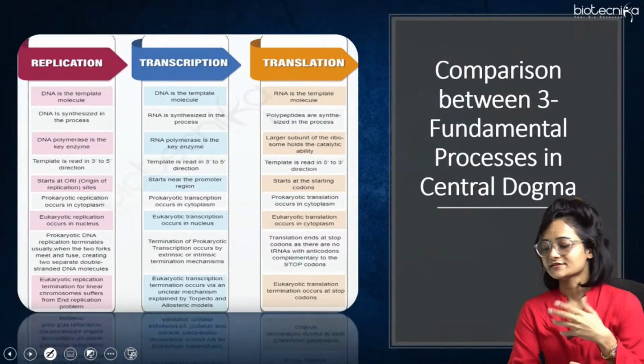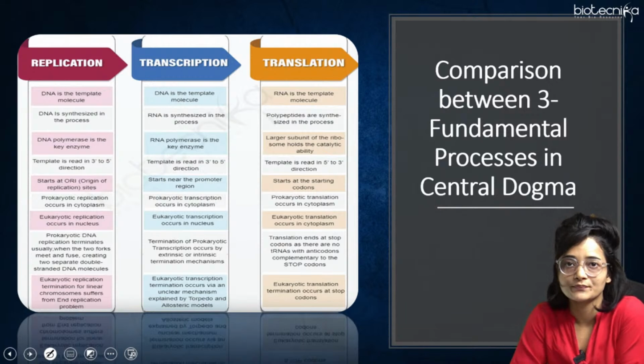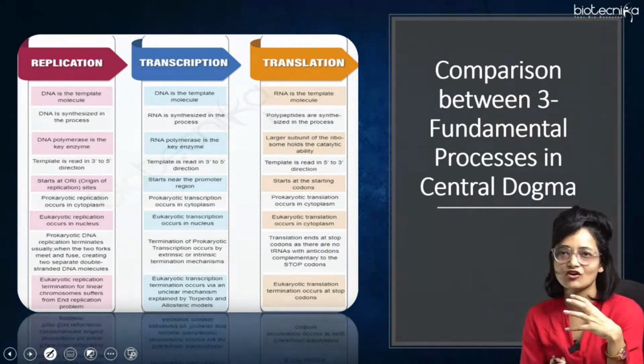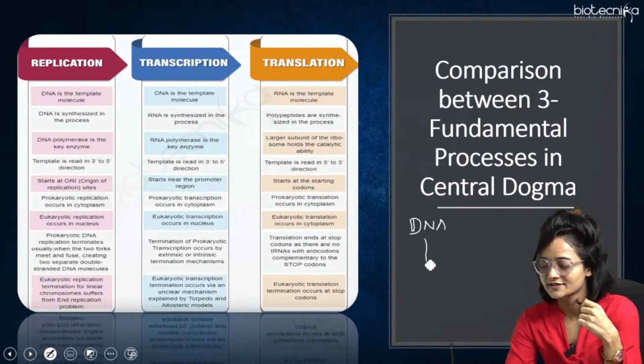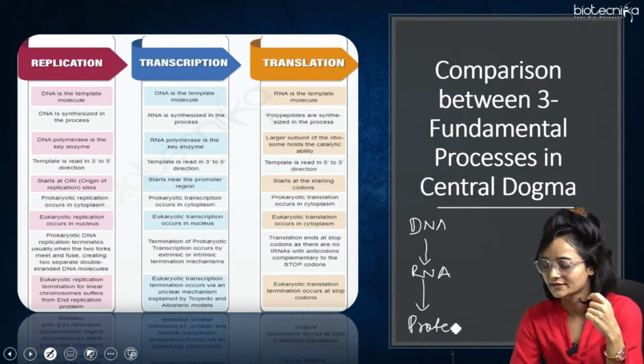Now comes the comparison between the three fundamental processes in central dogma. All of you know what central dogma actually is. This is the basis of molecular biology. From DNA, RNA is formed, and from RNA, protein is formed.